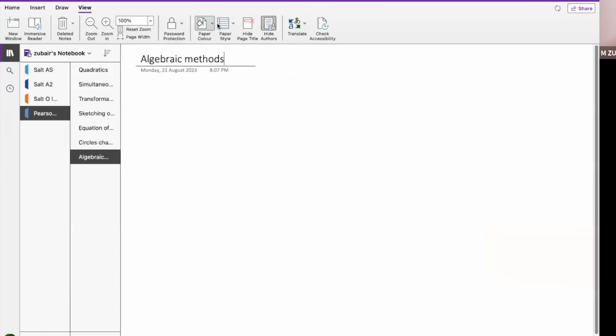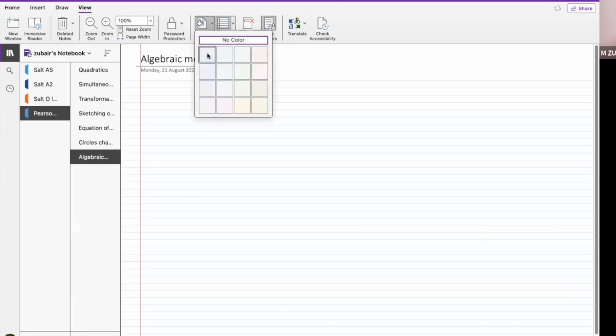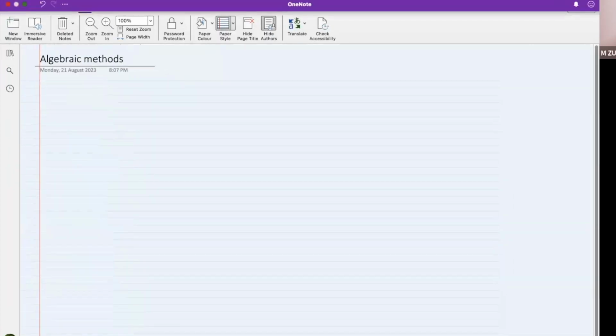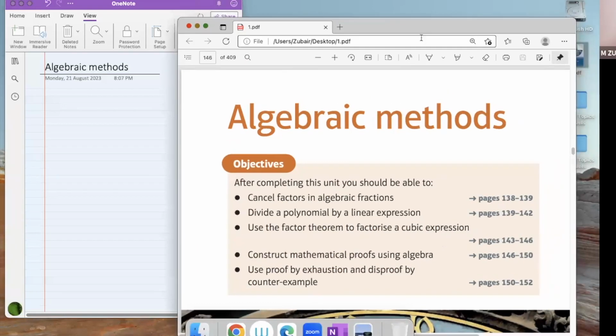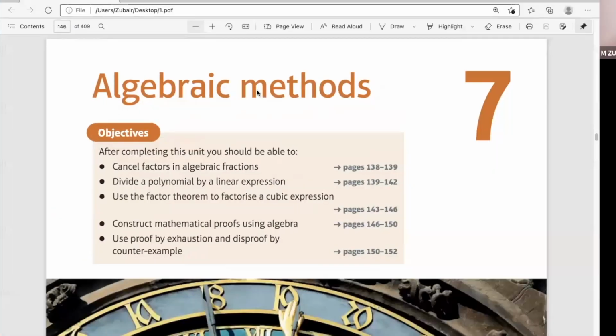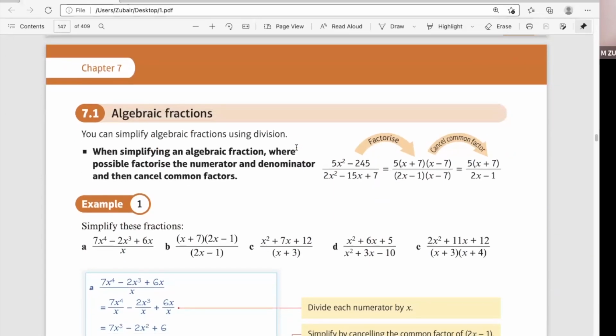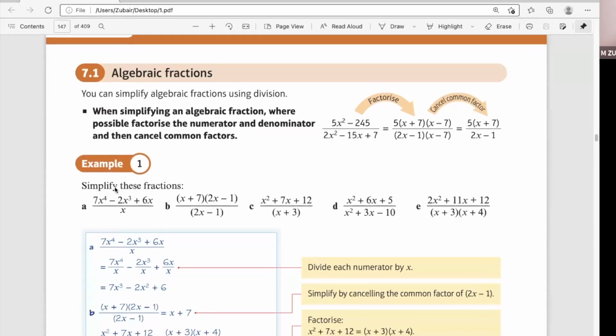What do we have? This is simple algebra and would include mainly factorization of polynomials. You can simplify algebraic expressions using division. You have these two: either you factorize and then cancel out the numerator and denominator, which are of equal values. Example questions. Let us start.